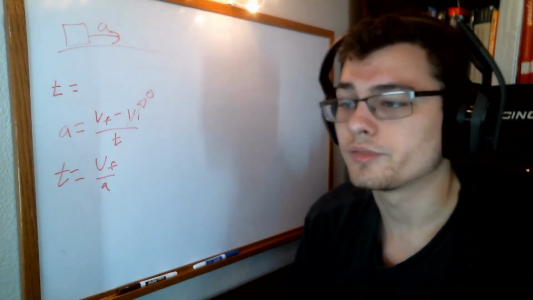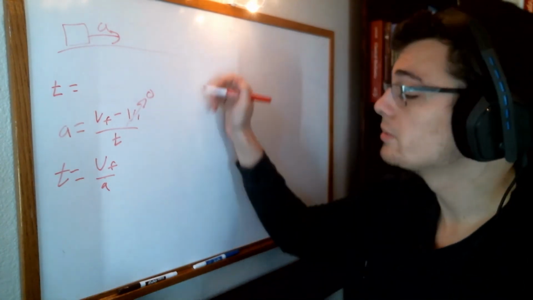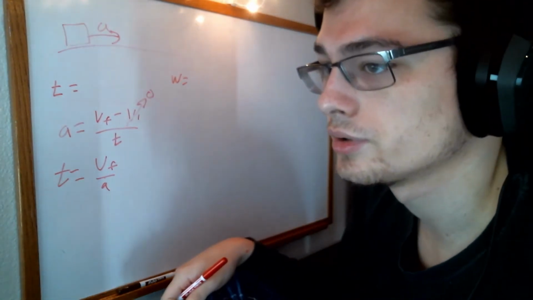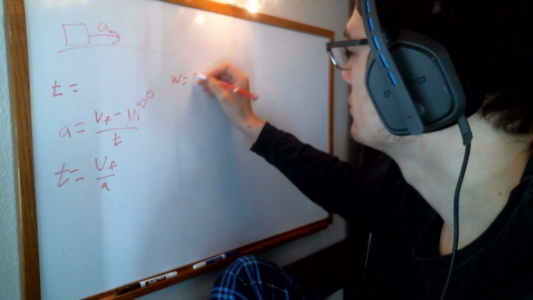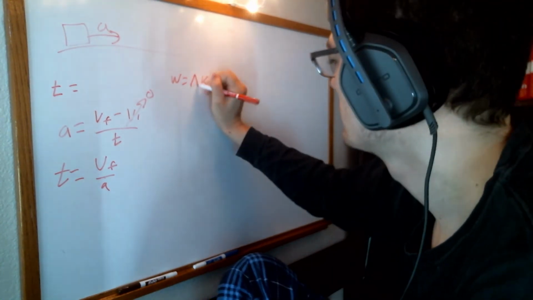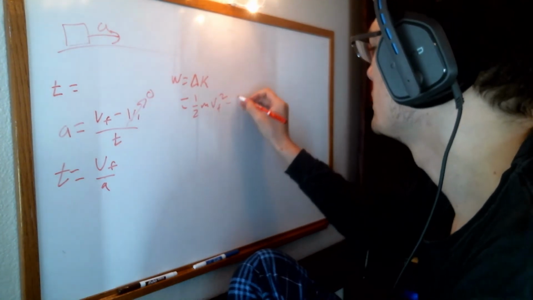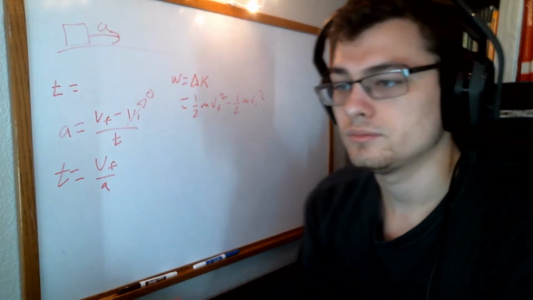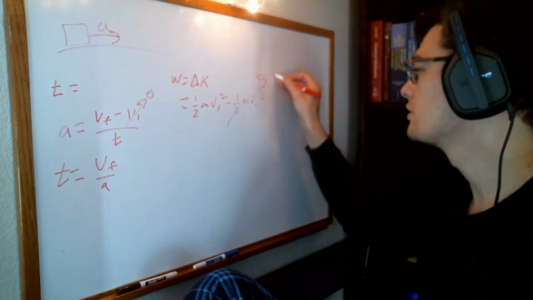And from this, we're going to be able to find what Vf is using the work energy theorem. So W is going to be equal to delta K here. This is going to be equal to 1/2 m Vf squared minus 1/2 m Vi squared. And since our initial velocity is equal to 0, this is 0.